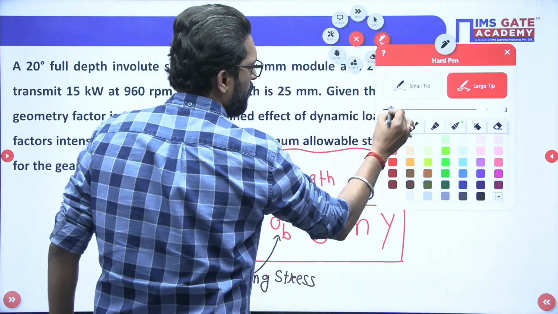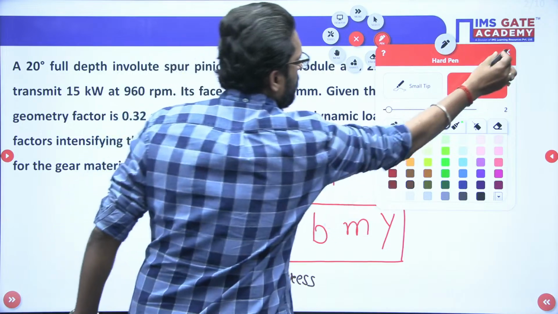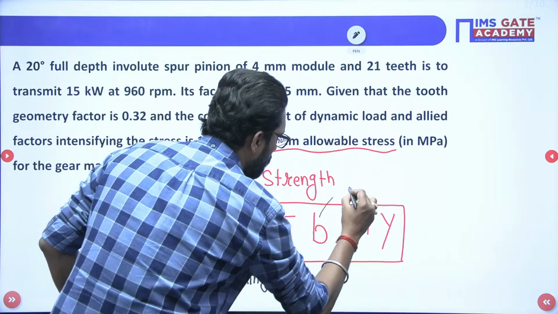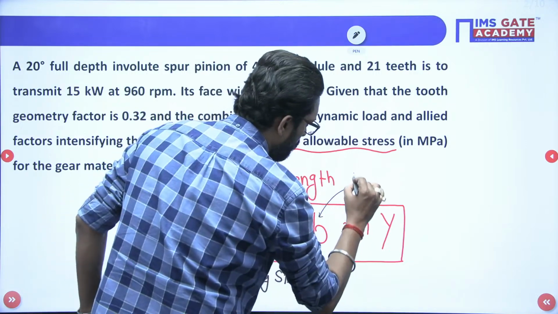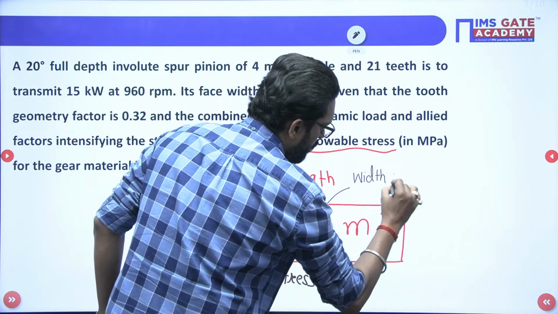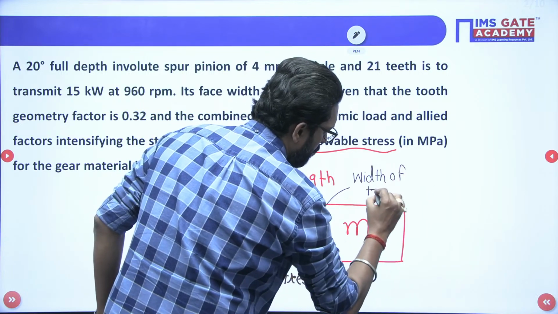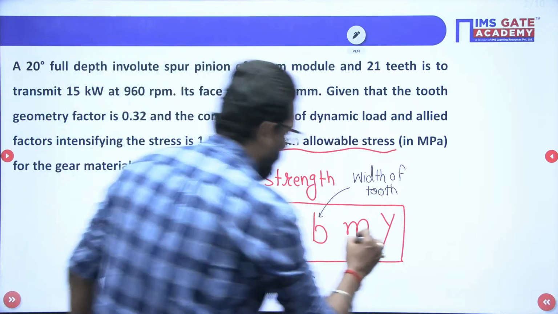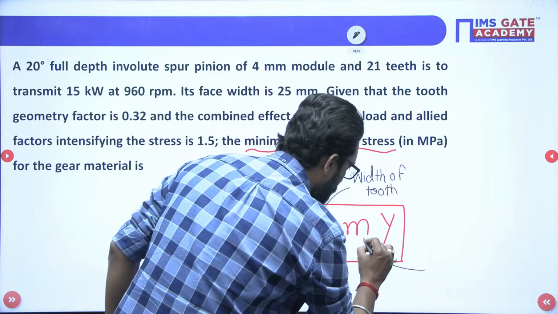This b is the width of the tooth. This m, what is m?